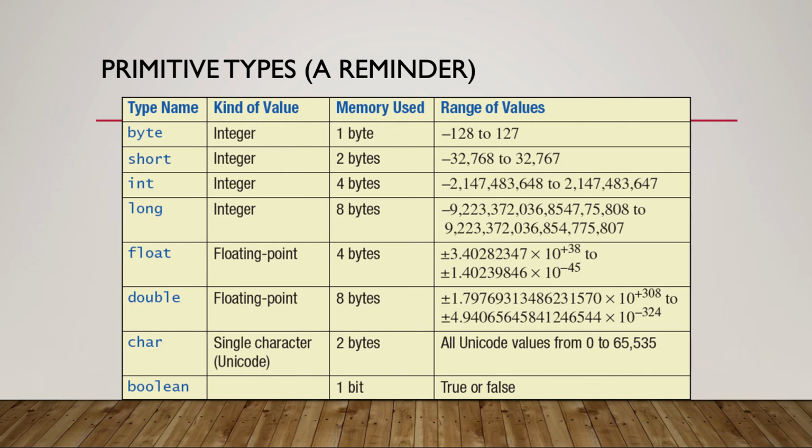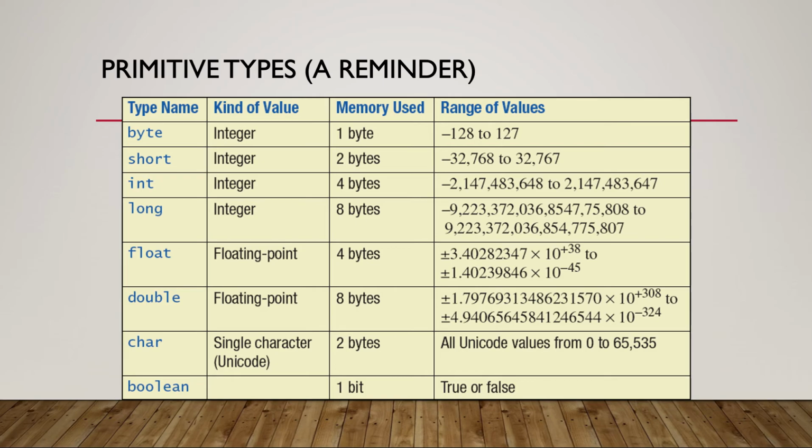Actually, 2 to the power of 8 bits, that equals 1 byte, would be 256, but as you see, it is divided by 2, so that would be from -128 to 127. That equals this range of codes.